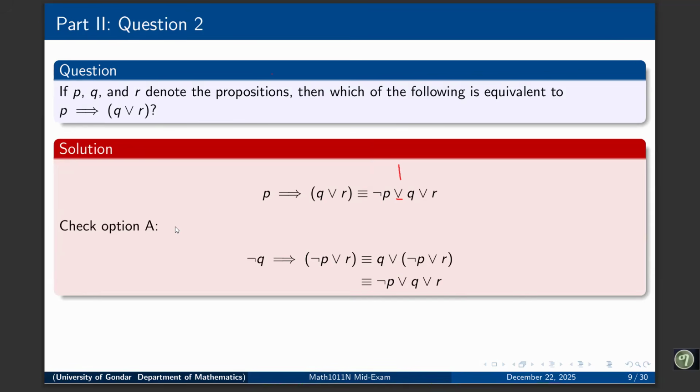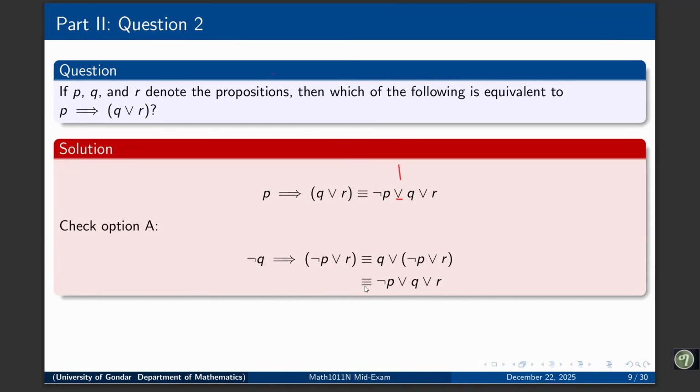Then checking the first option, that's simply A. Negation of Q implies negation of P or R is equivalent to, taking the negation of this one, the negation of negation will be Q. And the implication will be converted into OR. So the disjunction enclosed by the bracket will not be changed.